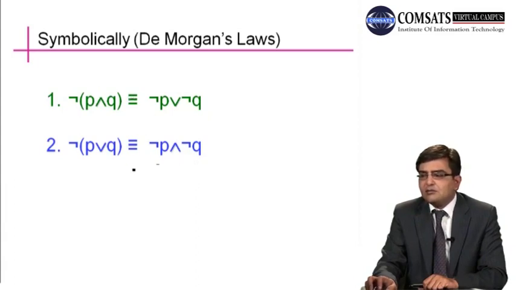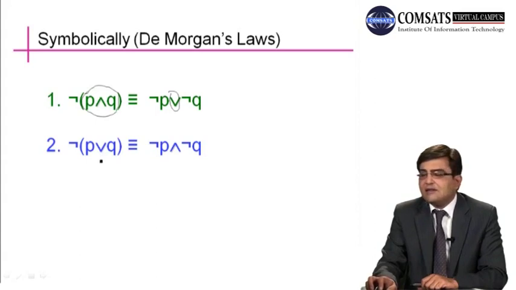In these two laws, we can notice that when the negation operator operates on the conjunction of two propositions, it converts the conjunction into disjunction, and the two propositions are negated. This is the first law of De Morgan.